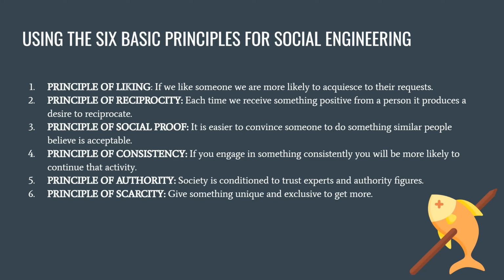Principle of consistency: if you engage in something consistently, you will be more likely to continue that activity. That's why they send the same things over and over again, because if they nail you with it once, you're more likely to do it again. Principle of authority: society is conditioned to trust experts and authority figures. And principle of scarcity: give them something unique or exclusive to get more out of them.